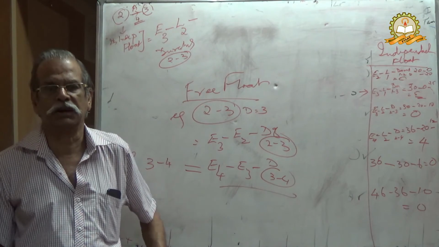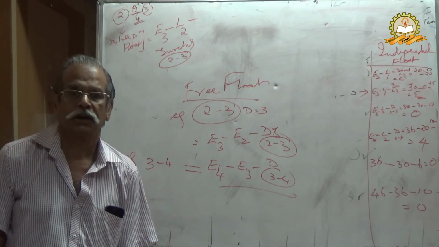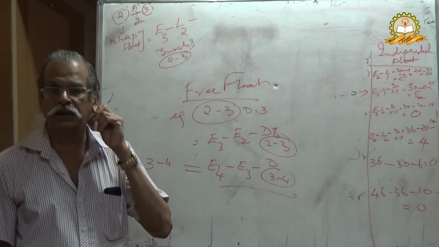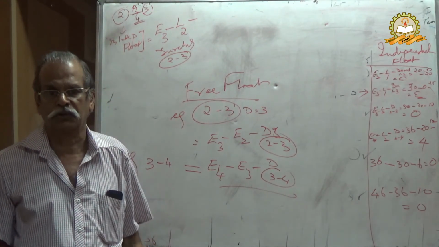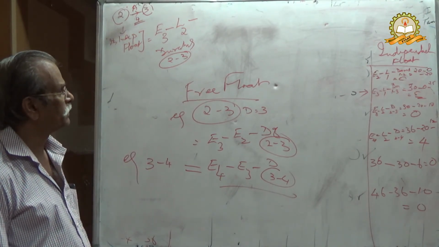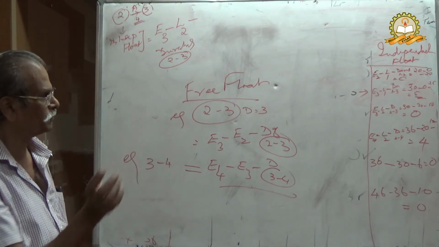You can expect 20 marks out of this critical path method alone, the calculation of L1, L2, L3, etc. Similarly, total float, you have the formula LFT minus EFT, or free float.